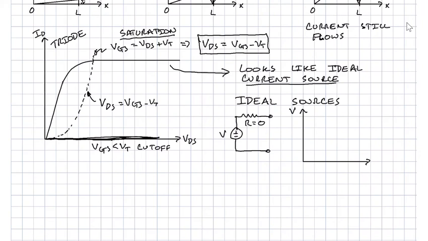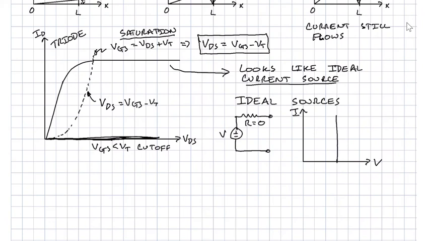And what that means is, if you look at the IV characteristics of an ideal voltage source, so this is V, and this is, sorry, let's do I and V in the right order. This is I. So we want to look at the current produced as a function of the voltage. So an ideal voltage source means that if we set the voltage to some voltage V, we will get whatever current is required to produce that voltage.